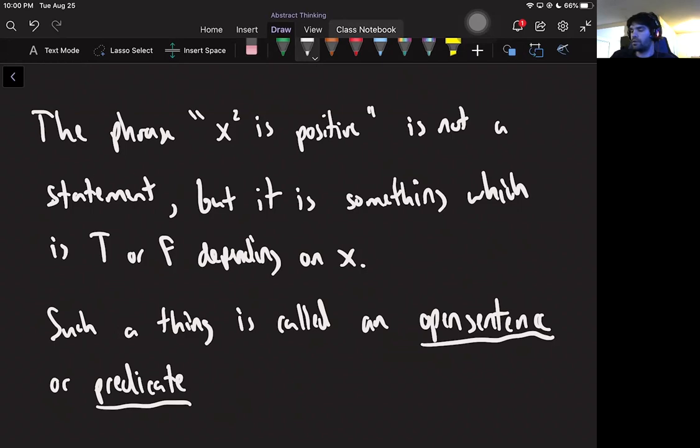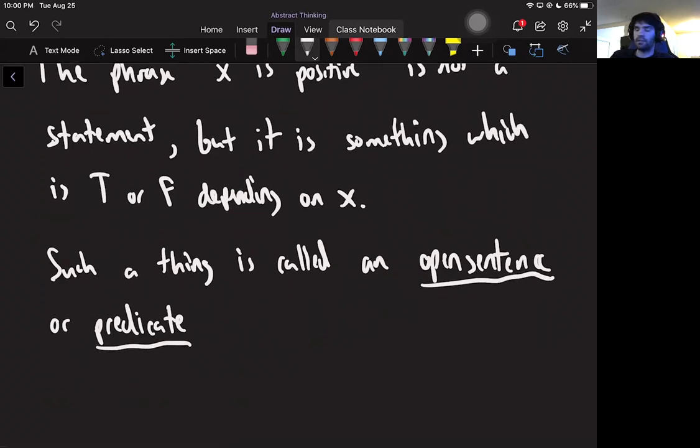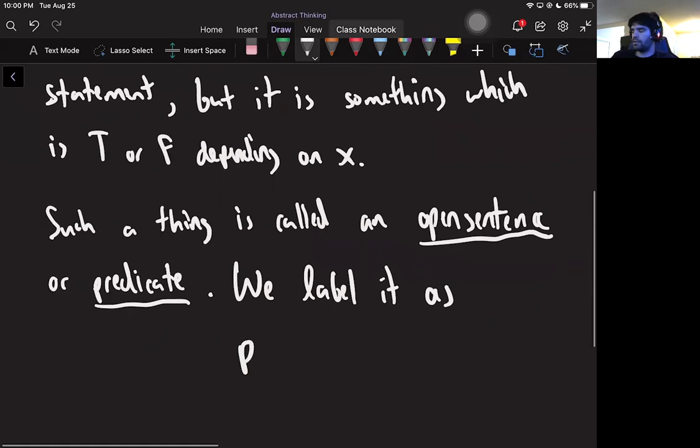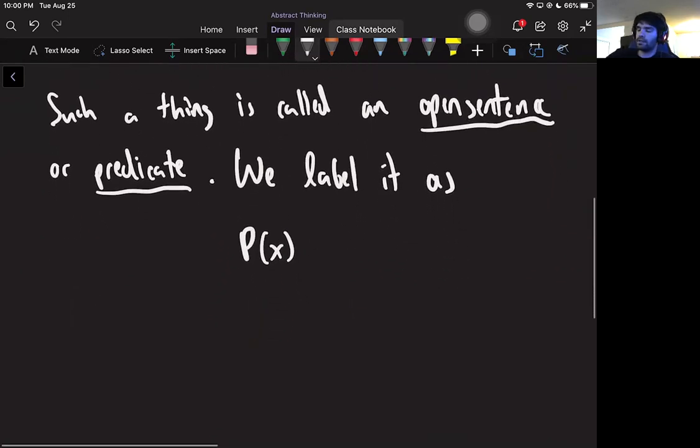So it's either true or false, but it changes depending on the values of x that you plug in. So because it depends on x, we don't label it just as p like we have been doing. We actually label it as p of x. So it's sort of like a function because it changes depending on x. So we call it p of x, not just p.